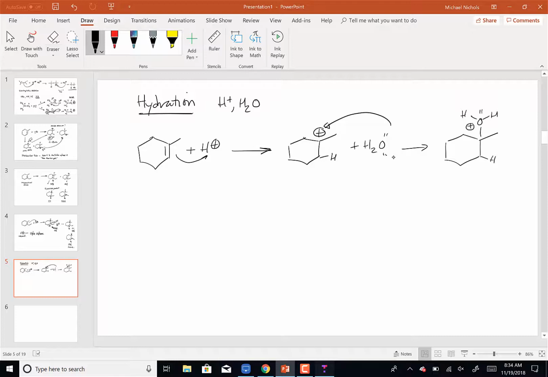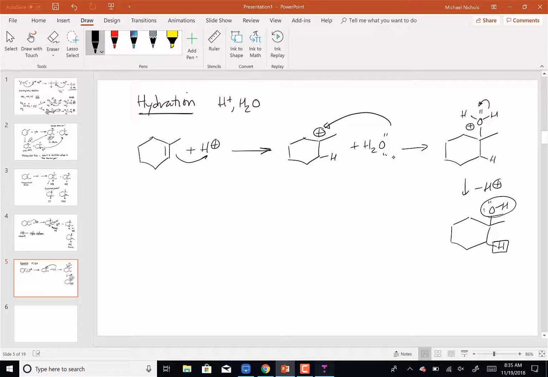And then what's my final step? Lose my H plus, and form the final product, which is the alcohol. So what did I add across the double bond? I added an H and an OH.